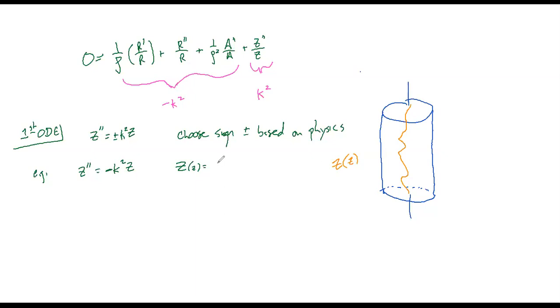My solution says that this be cosine kz, or sine is the answer. How would I make some arbitrary function, that maybe were my initial conditions, out of what seems to be the solution?